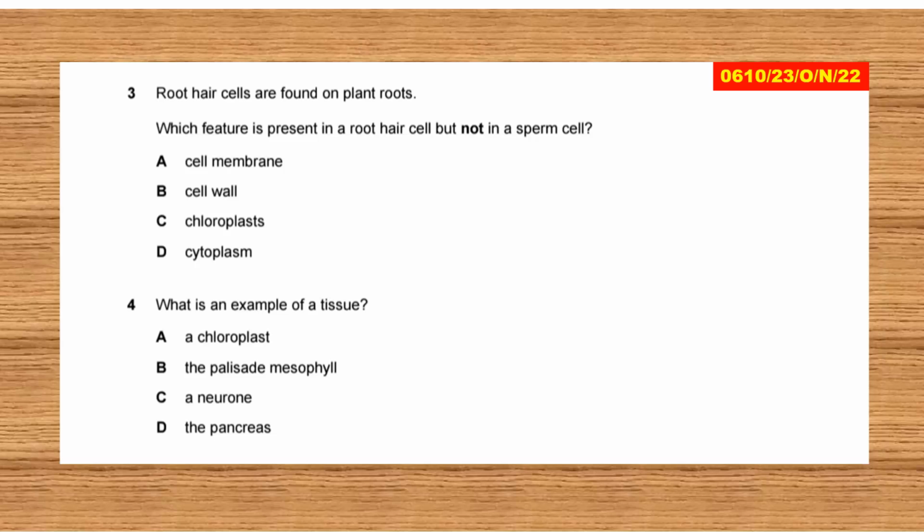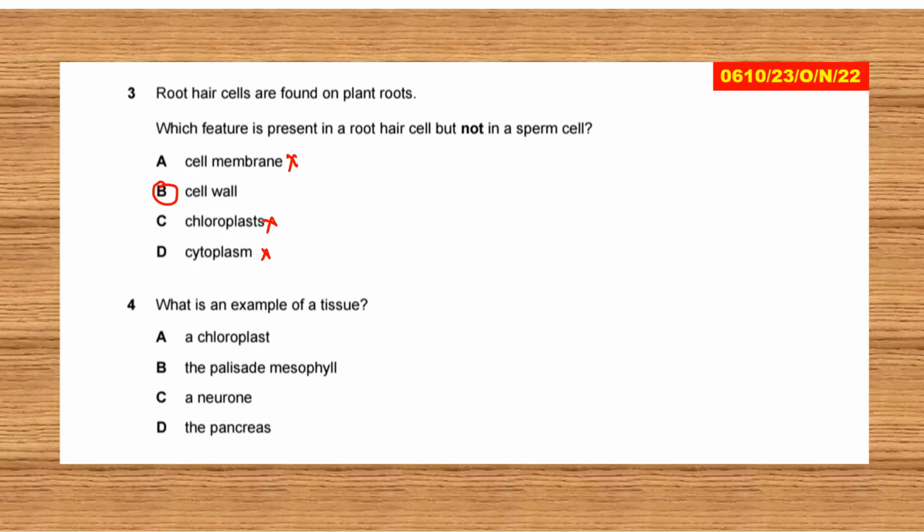But anyway, the one that is found in a root hair cell but not in the sperm cell. So chloroplast is not found in the root hair. Cytoplasm is found, but also in the sperm cell. Cell membrane is found, but also in the sperm cell. The only thing that is not found in the sperm cell but found in the root hair cell is the cell wall.